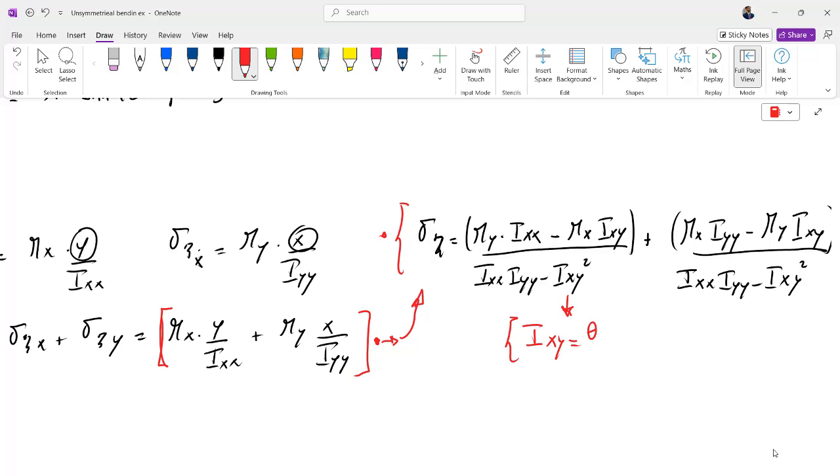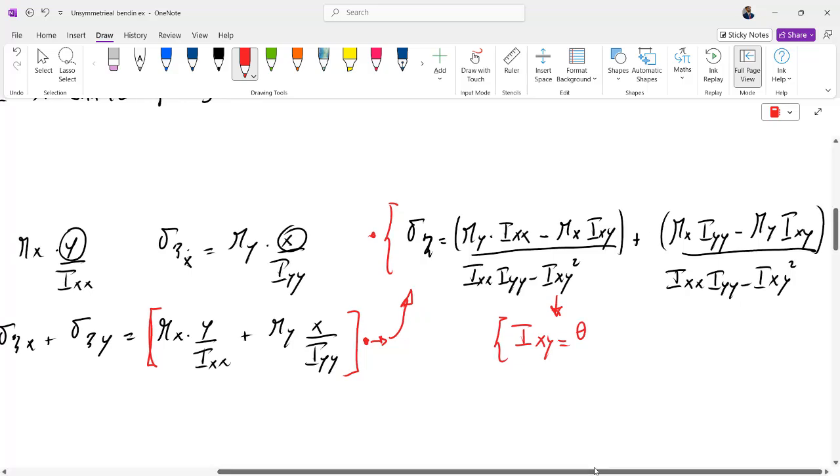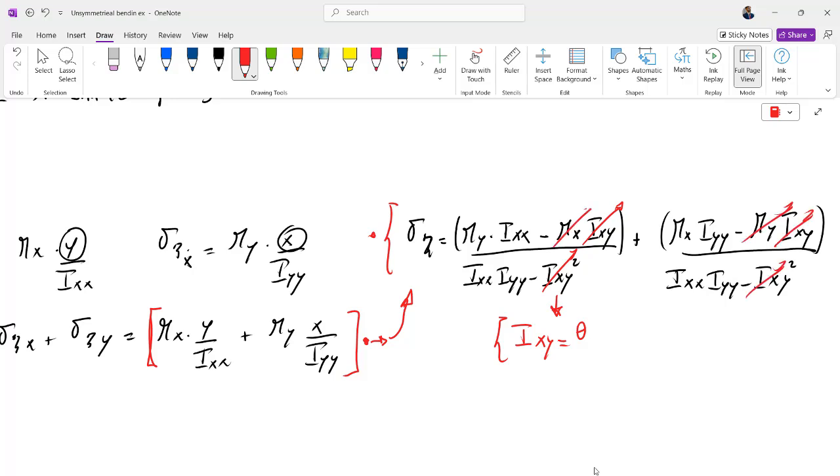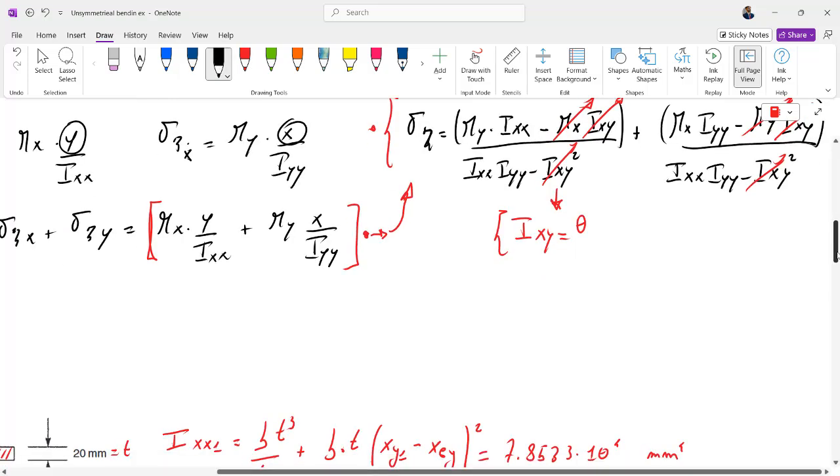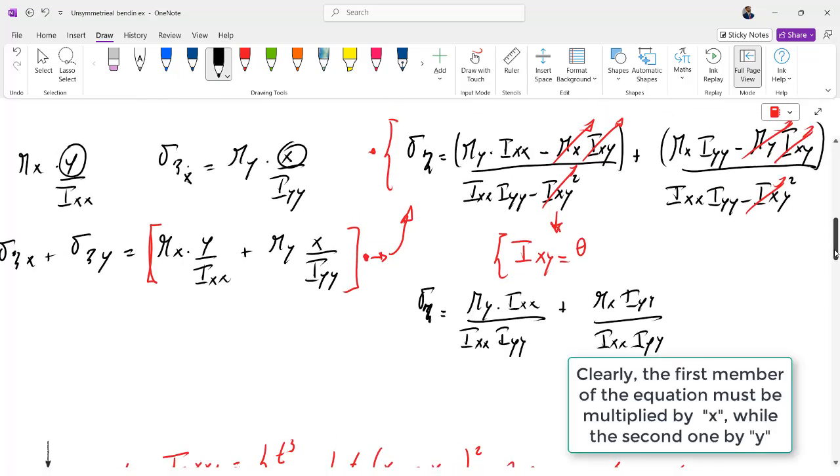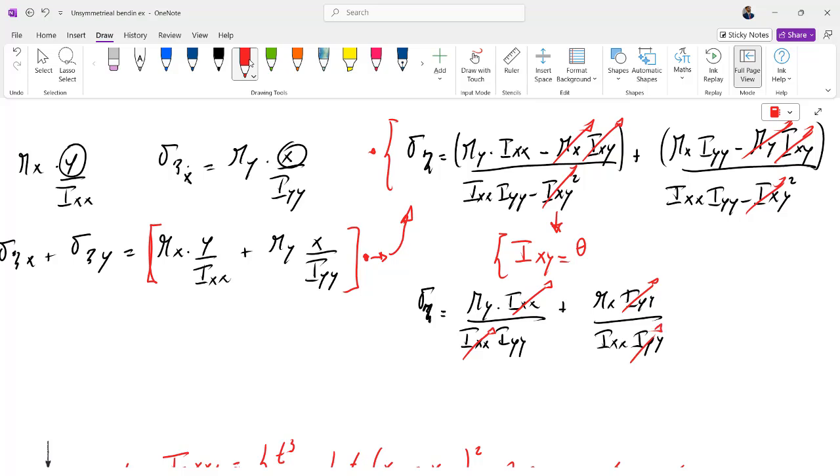So Ixy is equal to 0. So if this structure is 2 times symmetrical, I can delete this quantity from here, and also this, and I clearly obtain the following formula. So I can simplify Ixx and Iyy here, and we obtain this formulation enclosed in the square bracket here.